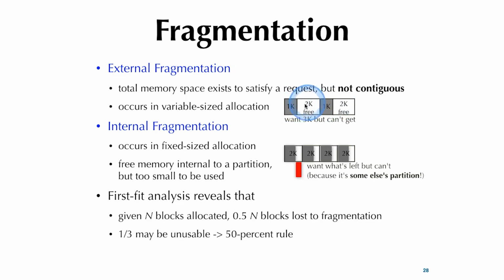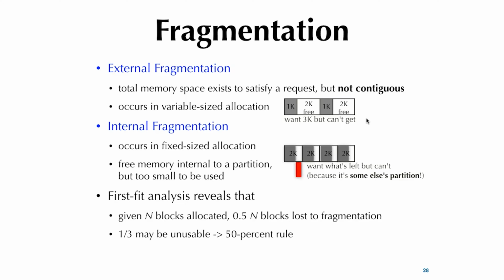One K is used, next 2K is free. Another K is used, another 2K is free. And then I come in, I want 3K. And it says, well, you got 4K available total, right? And said, no, sorry, I can't give you a 3K because I don't have 3K together, right? So that's an example of external fragmentation.